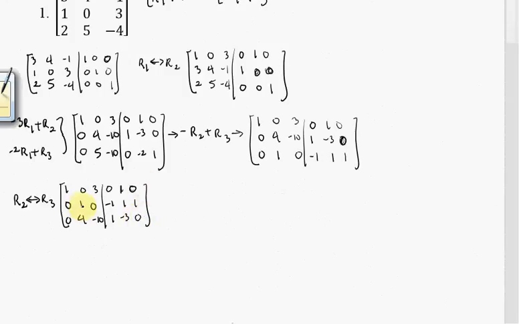Now we can use this 1 at A22 to get a 0 below it. So negative 4 times row 2 plus row 3.